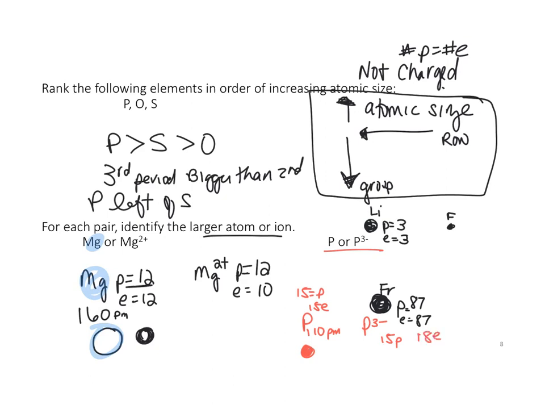And so if you take electrons away and it shrinks, what do you think happens when you add electrons? Yeah, it gets very big. So it's going to expand. So when you add electrons, this actually expands. And so the larger atom, or ion in this case, would be the P3-.